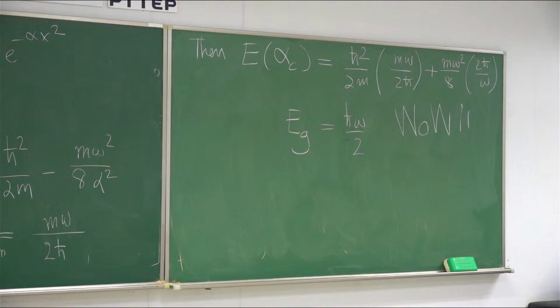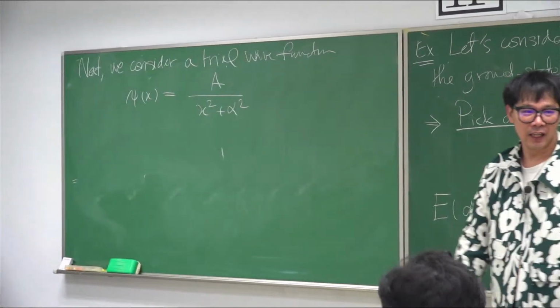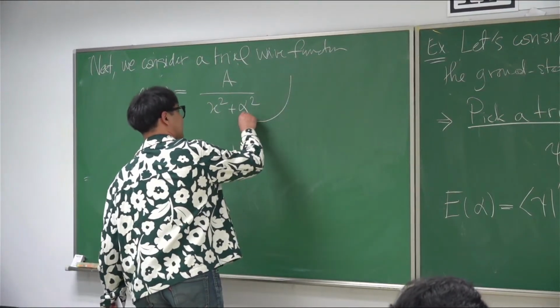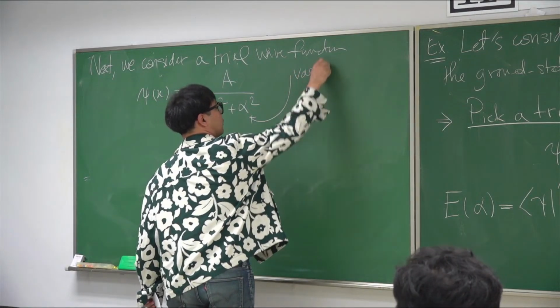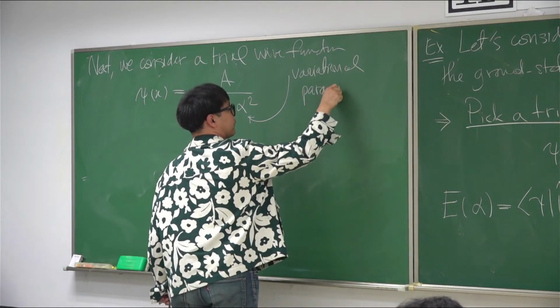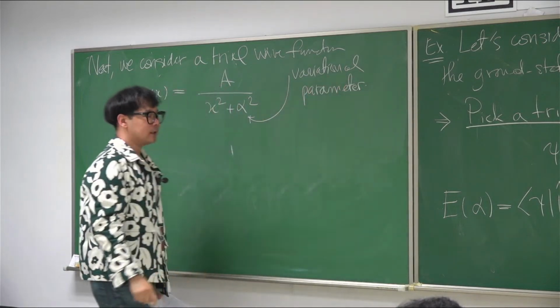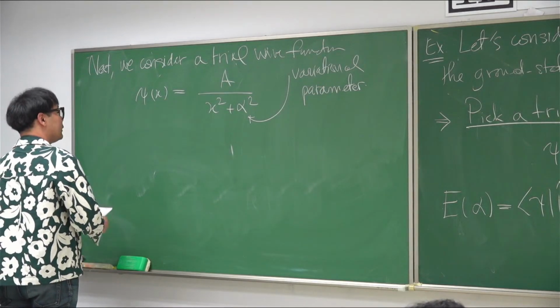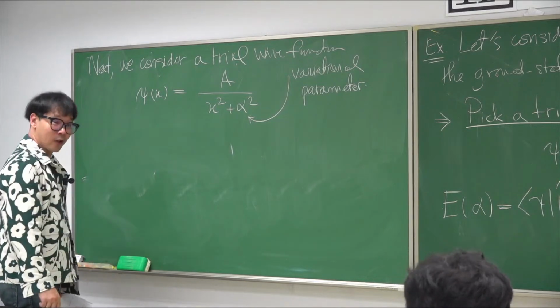Okay. Which should look totally different from this one. Right. But we're going to use that to compute again the ground state energy. So again, this is a variational parameter. Okay. So let's check the normalization condition first.